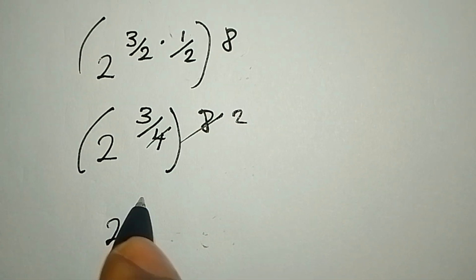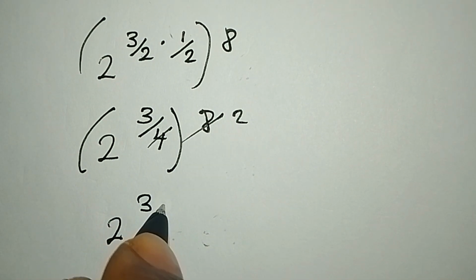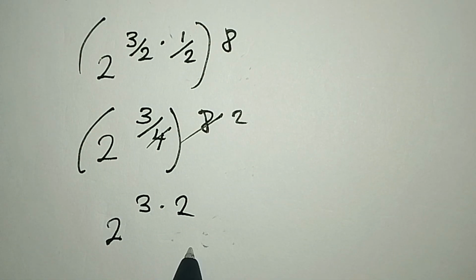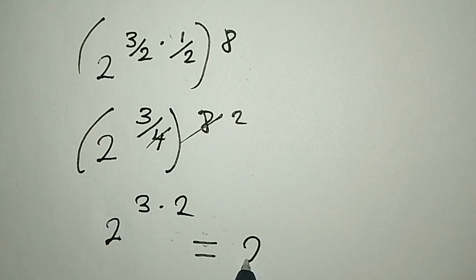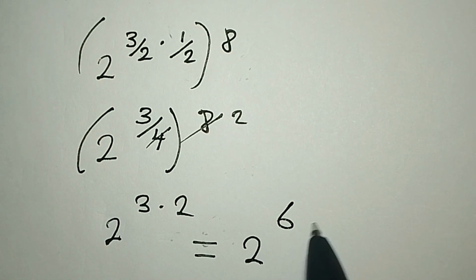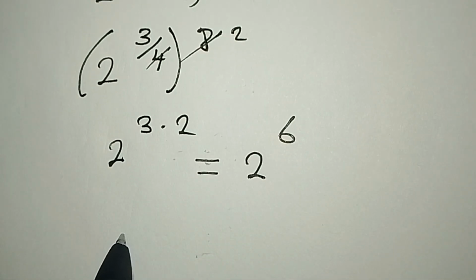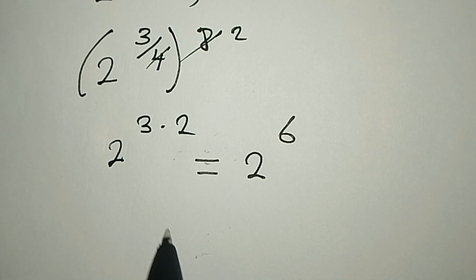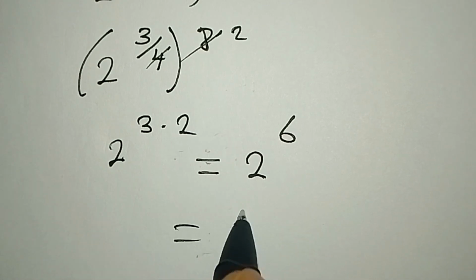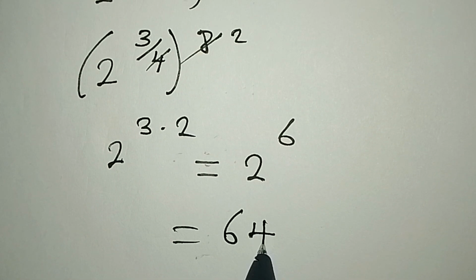This means we are having 2 to the power of 3, then multiply by 2 over there. And this is giving us 2 to the power of 6. I believe you remember what we said: 2 to the power of 6 is 64. So here we are having 64 on the left hand side.